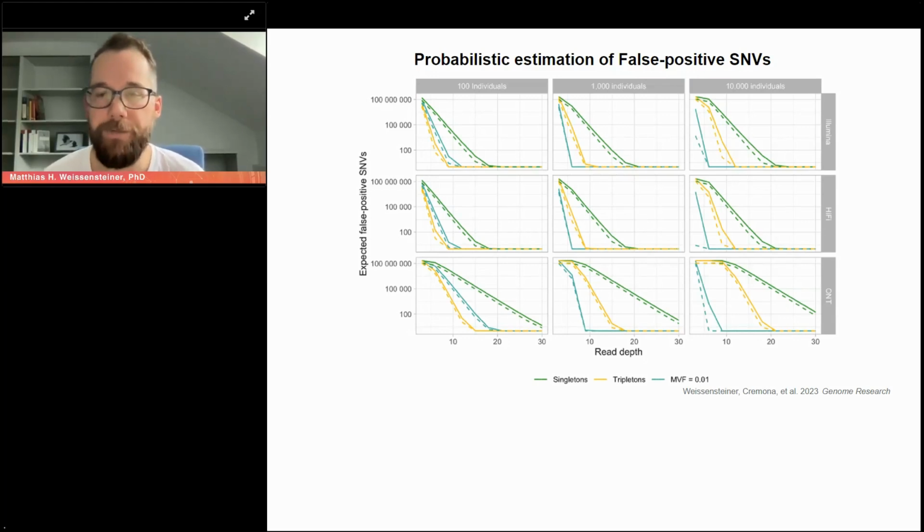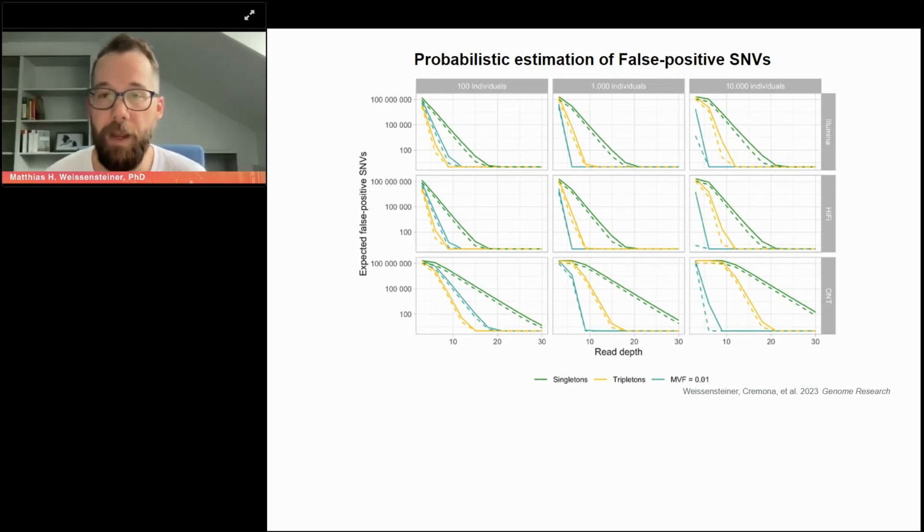And so in this figure, there are the results of this. On the x-axis of each panel, there is variable read depth going from 3 to 30x. And the y-axis is logarithmic, and it shows the number of false positive single nucleotide variants.